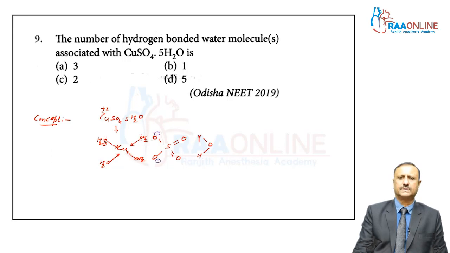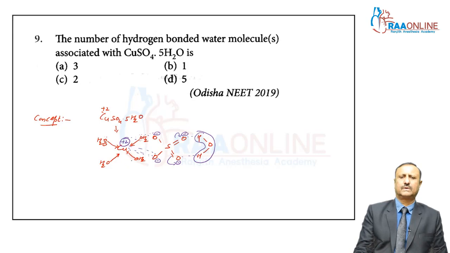So these minus charges are also attached to this hydrogen. So my dear students, there is a hydrogen bond present with this molecule, and +2 charge is present on copper. So here an ionic bond is present between this copper and this O minus.